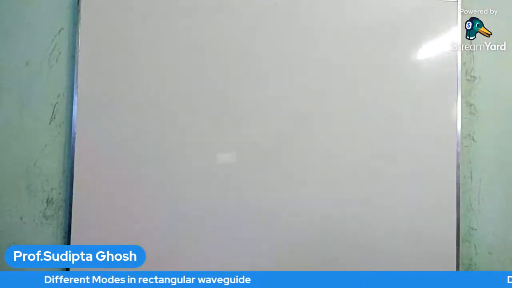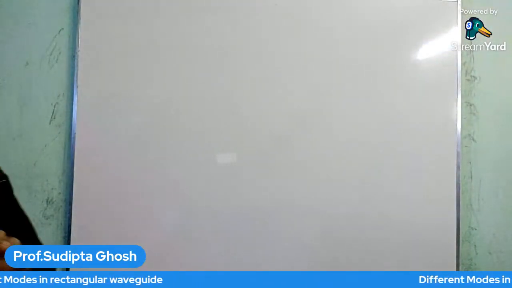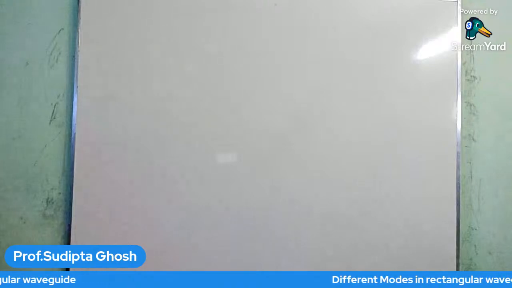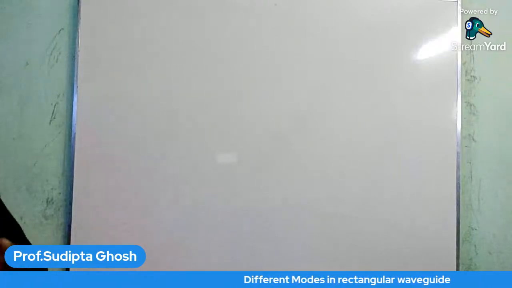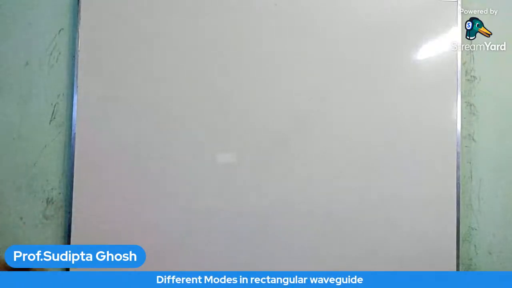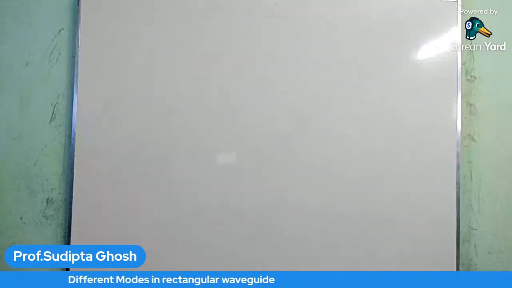As I have told, the external surface of the waveguide is actually a conducting metallic layer. But inside the waveguide there is a hollow cylindrical like structure and dielectrics are there inside the hollow structure.